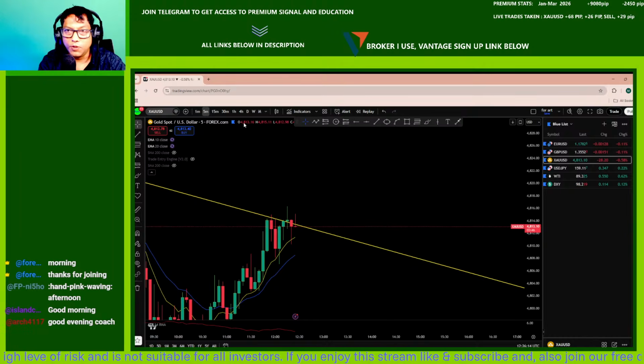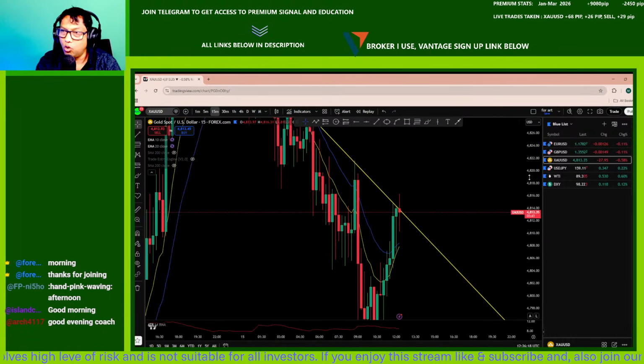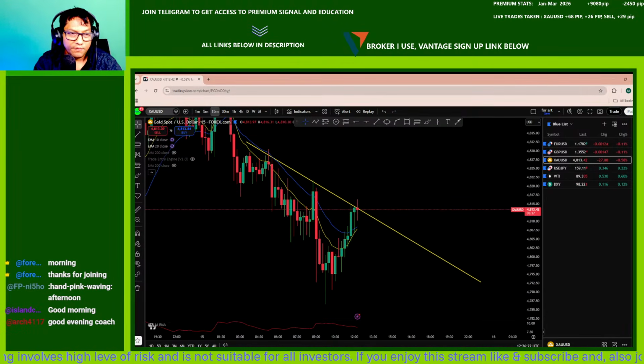Technically, what I'm looking at on gold is this trend line. There is a potential for a break below, and where I'm looking, traders, is for an entry back below here.